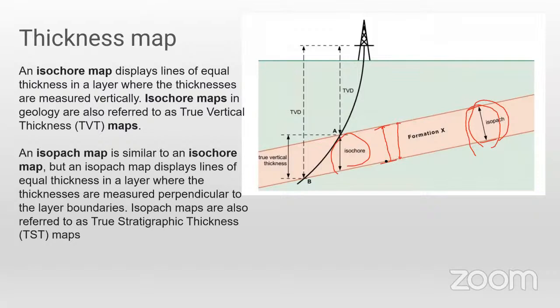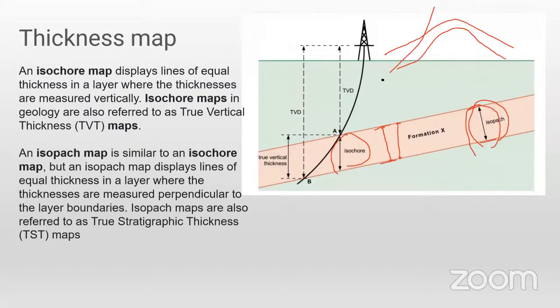It compares the stratigraphic thickness. Imagine that you have an anticline that looks like this, and you have a deviated well.